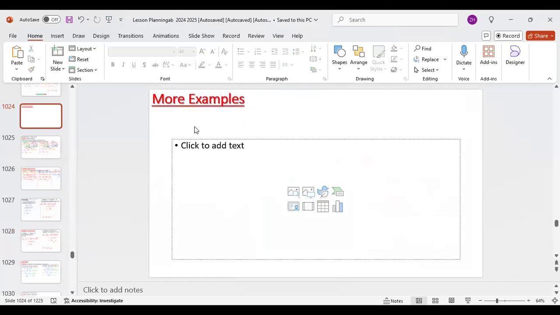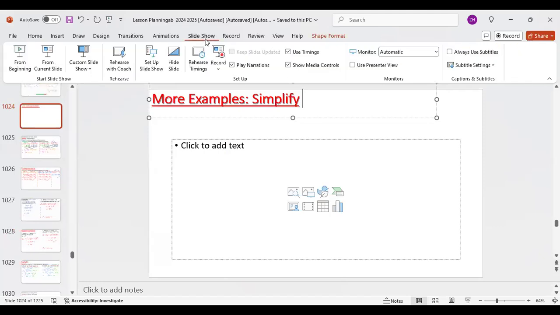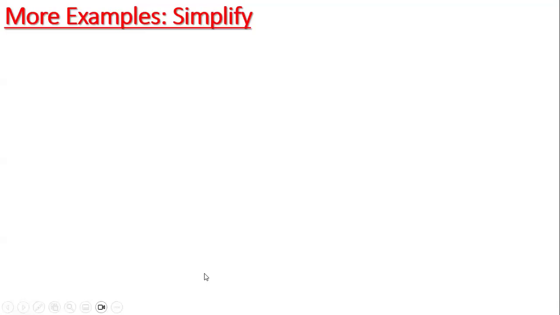So again, our goal is to simplify. All right, are we ready? Let's do this.